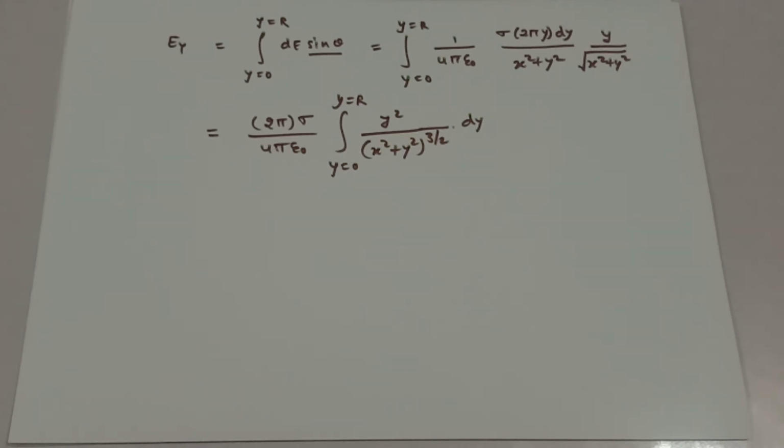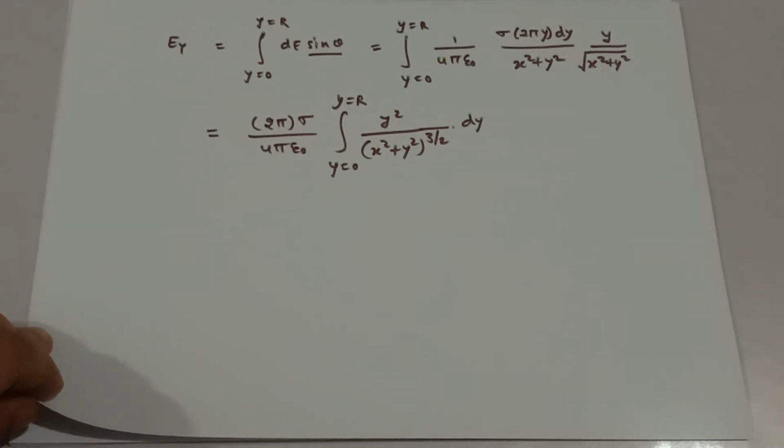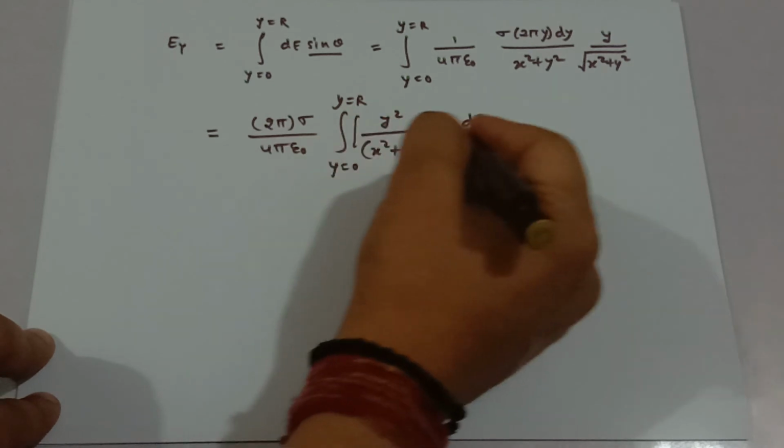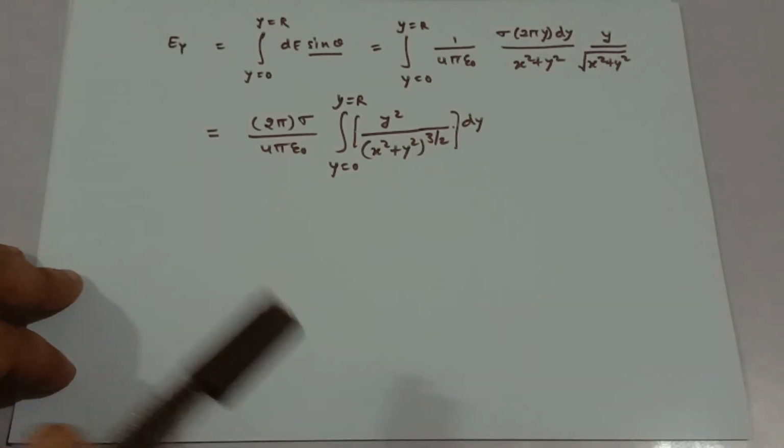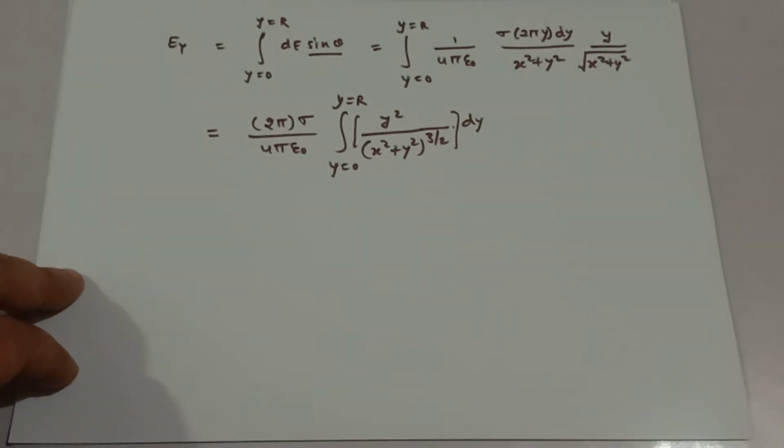Very simple. Now you can see this thing is very simple. This particular thing is basically an even function, and then you really need to integrate that particular thing. That we will do here now.